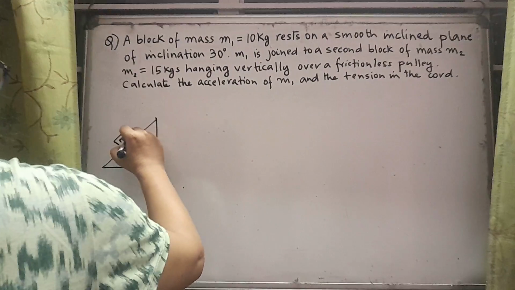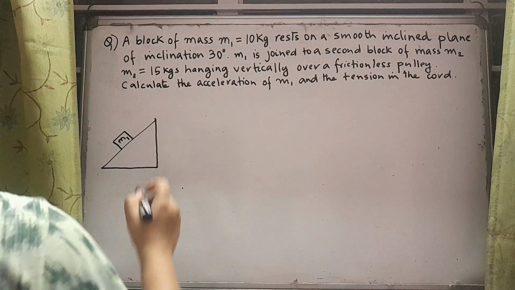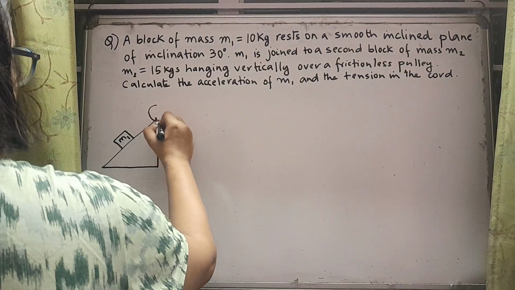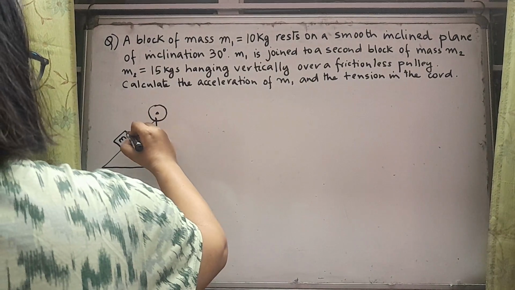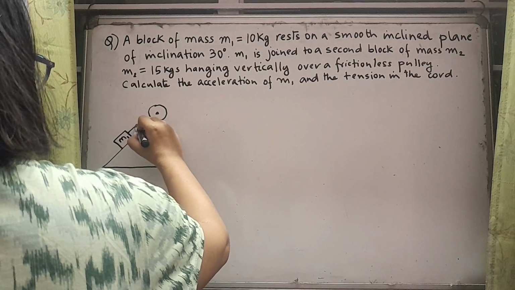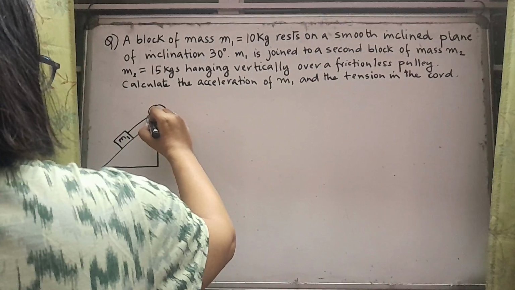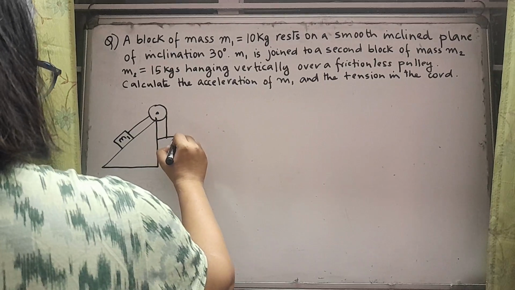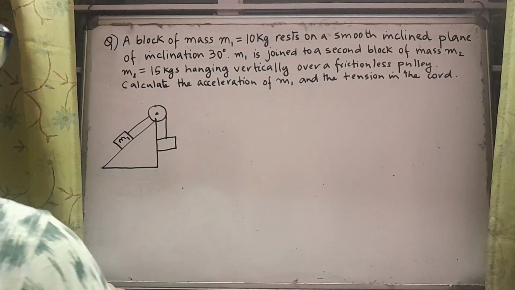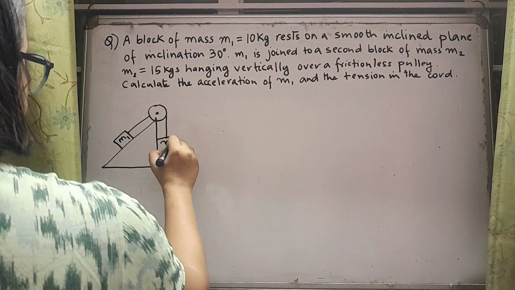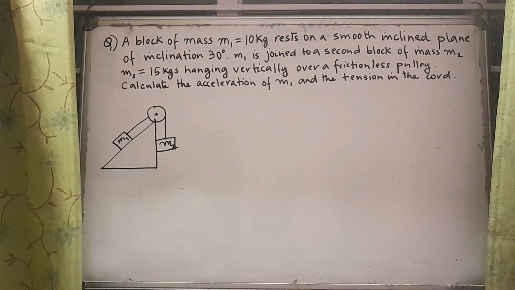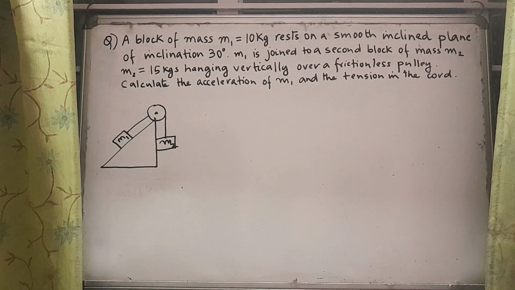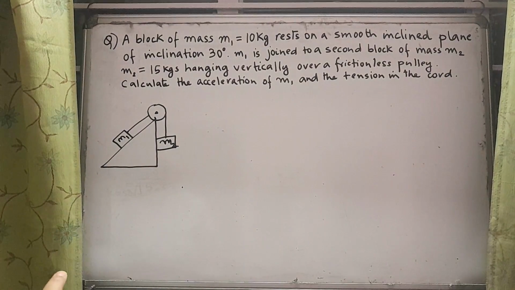So, this is m1, and there's a pulley here, and a string passes over this pulley, and from that string hangs a mass m2. Okay, so m1 is 10 kgs, m2 is 15 kgs.